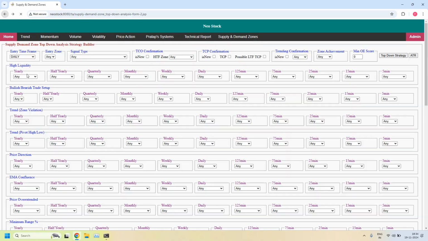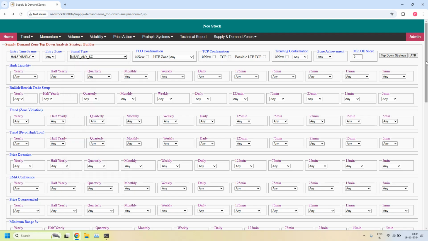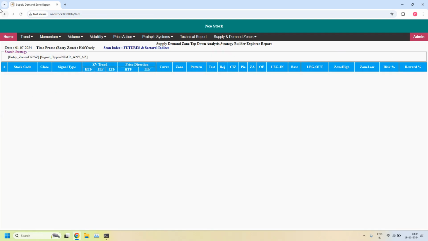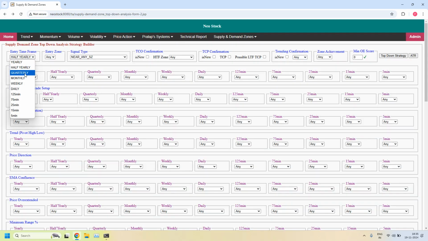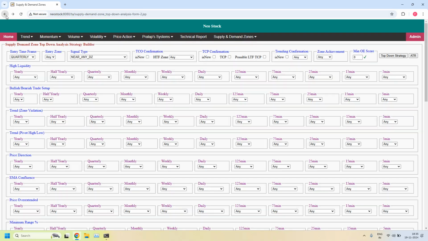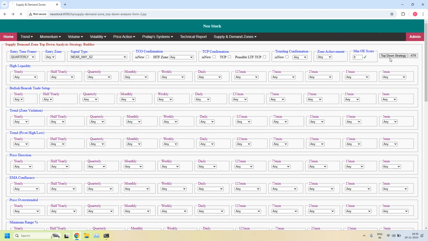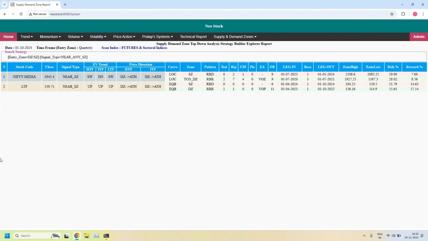Okay, next, for half-yearly time frame, let's find the stocks near half-yearly supply zone. No stocks are available. Next time frame is quarterly. Let's find the stocks near quarterly demand zone. 3 stocks are filtered. Next, quarterly time frame, stocks near quarterly supply zone. 2 stocks are filtered.